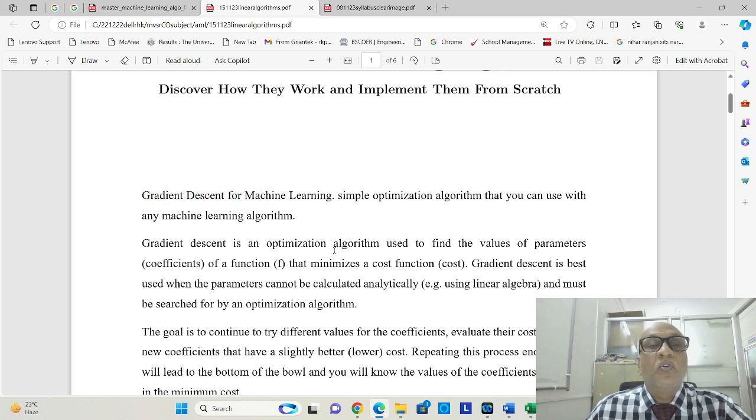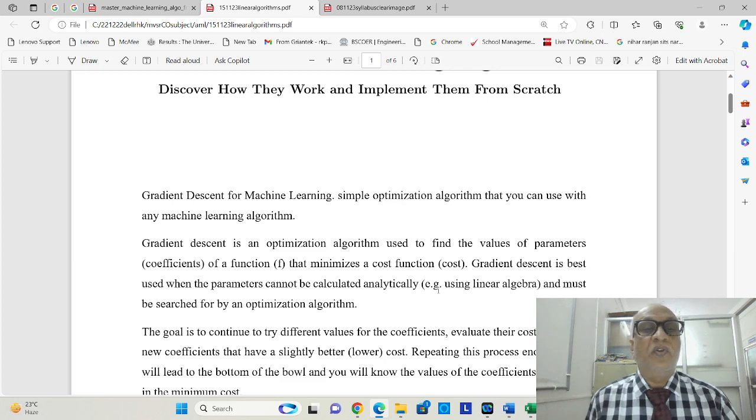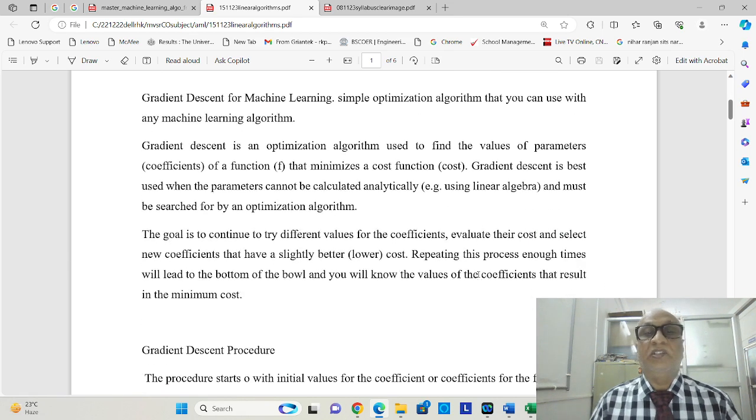Okay. So what exactly is gradient descent? It is an optimization algorithm for machine learning. What it will be doing, it will be finding coefficients of a function. What is the job of those coefficients? They will be trying to minimize a cost function. Okay.